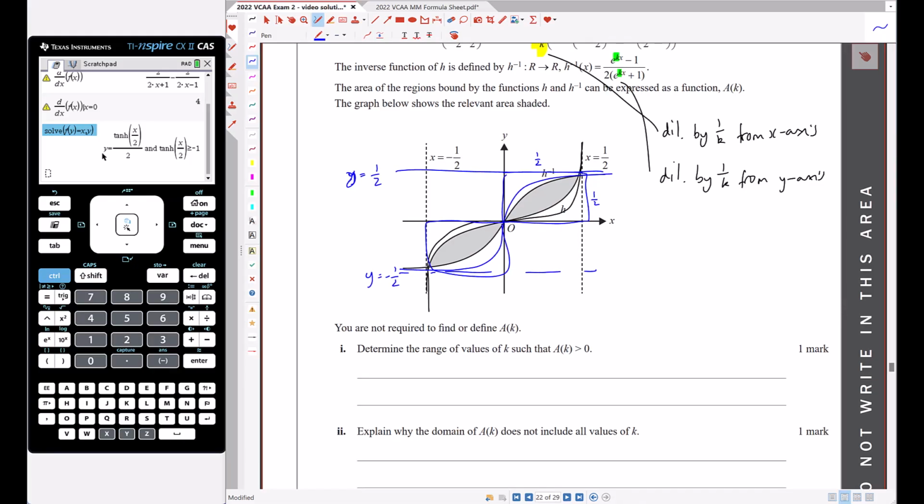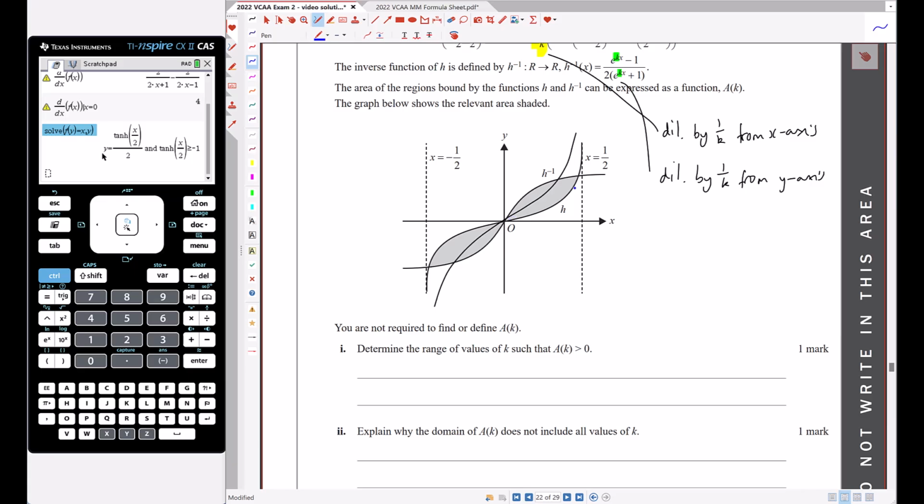But we need to think about, so obviously as k gets bigger, that's okay, but we need to think about what might happen if k were to get smaller. So if k was a half, then we're dilating by a factor of 2 from the x-axis. And so the original function moves further away from the x-axis, and the inverse function moves further away from the y-axis.